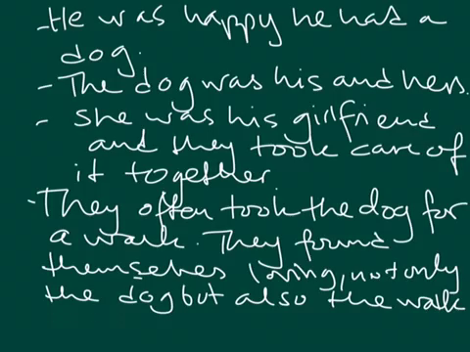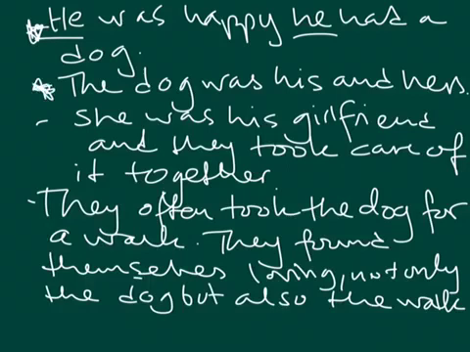Here we have a bunch of sentences that you can try to figure out. So read them and try to find all the different pronouns. For example, here we have a few, and see if you can figure out what type of pronoun each of these is. The first sentence says, he was happy he had a dog.